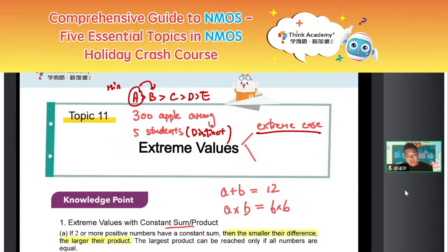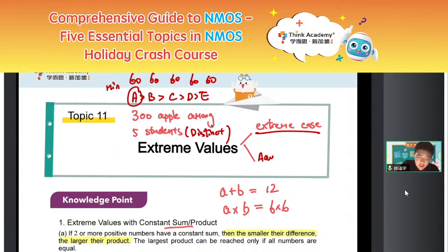Ideally, it would be great if every one of them can get 60, 60, 60, 60. Ideally. No, he cannot get 0. We specify that A will definitely get the most. So the best way is they all get 60. This is the average case.